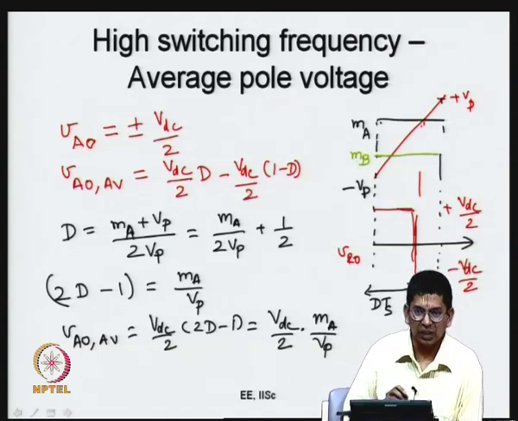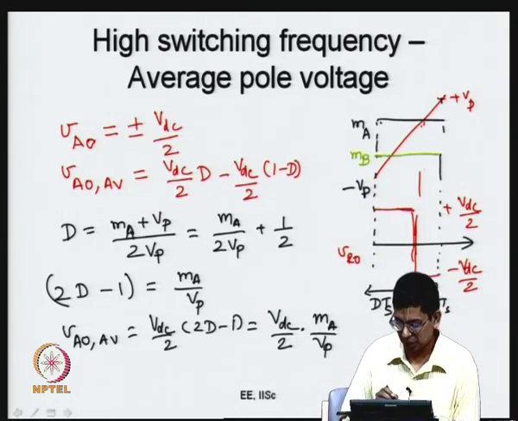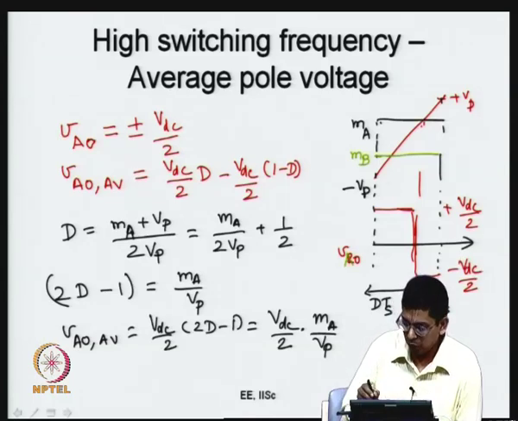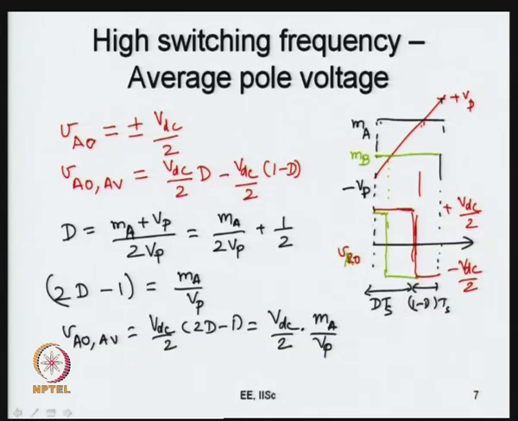Earlier we were seeing only one signal, now we are seeing two different signals, that is, I am showing the second leg signal also. If I am doing my MB like this, what would be the B phase voltage? I am sorry, this is not VRO, this is VAO. How would VBO look? VBO would look something like this. It will be plus VDC by 2 for a short duration and then it is minus VDC by 2. So, this green color is VBO.